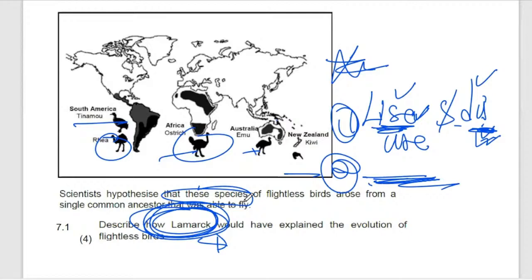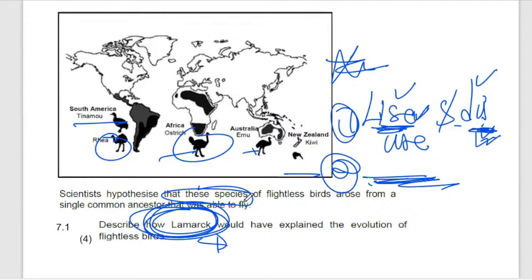There is not enough evidence to show that the flightless birds acquired this character, or passed this character to the next generation, like from being flying birds to flightless birds.